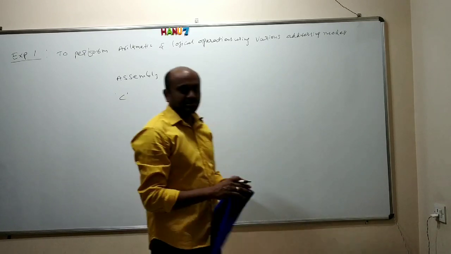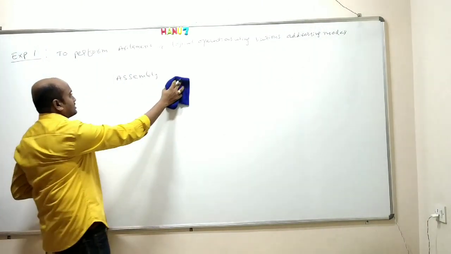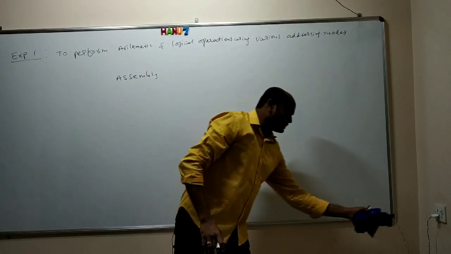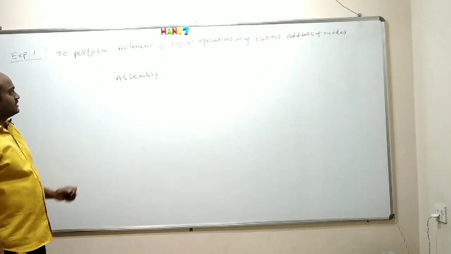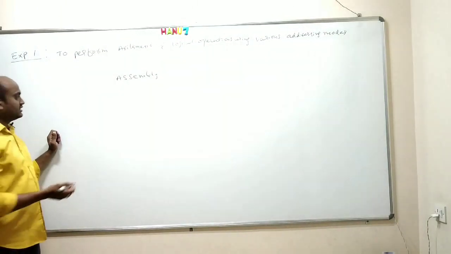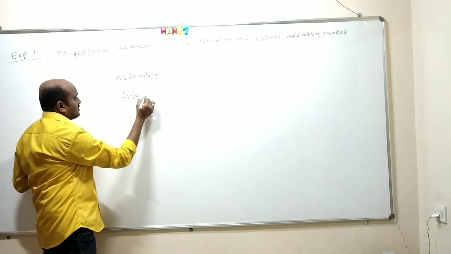Right now we are going to see how to write programs in assembly level language only for microprocessor 8086. Later we will see how to write programs in C language for processors and controllers. So I am using assembly level language to write a program. That file looks like file.asm.